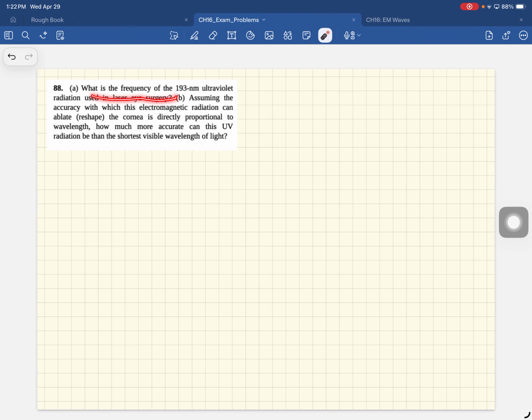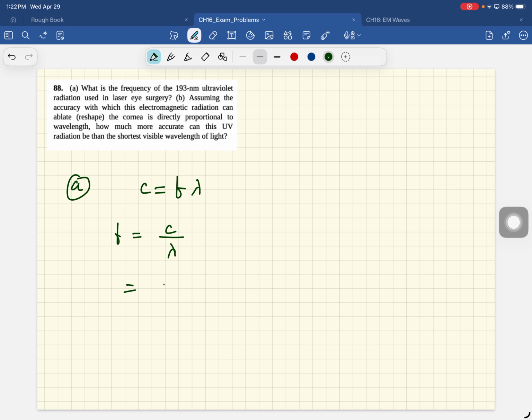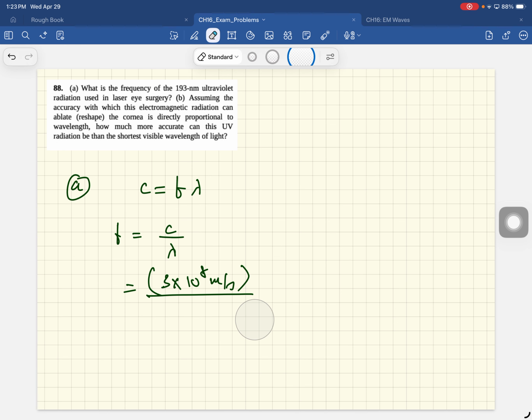Okay, this problem says, what is the frequency of a 193 nanometer ultraviolet radiation used in laser eye surgery? Okay, so C is equal to frequency times lambda. Frequency is C over lambda. C is 3 times 10 to the 8 meters per second. And the wavelength is 193 nanometers, 10 to the minus 9 meters.